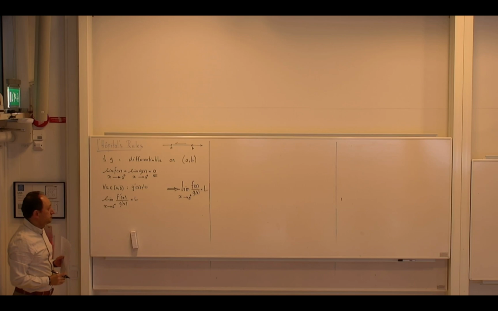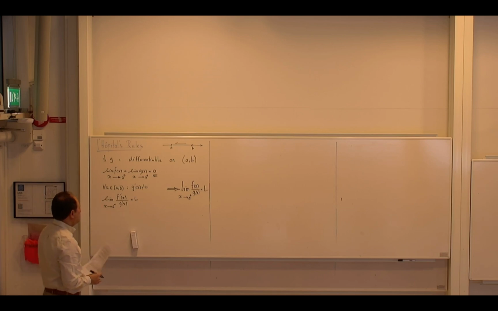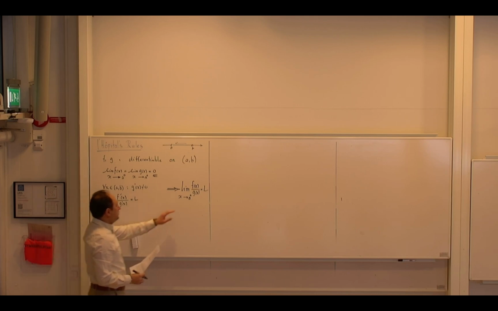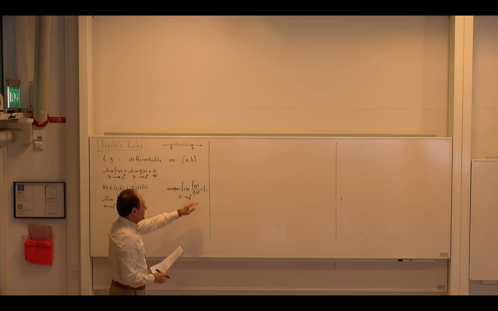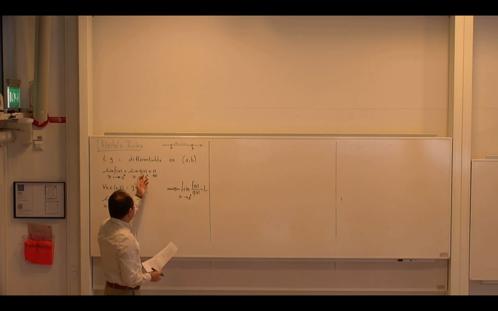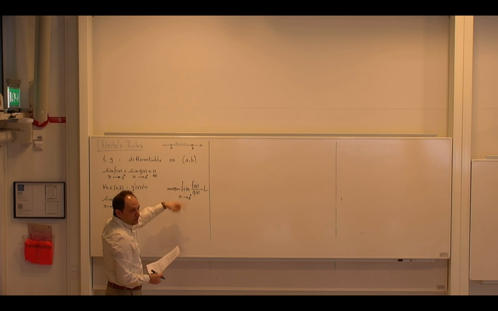Okay? So when you write it down, it looks a little bit complicated, but it is very simple. In principle, if you are supposed to calculate this limit, you don't know what the number is, but it is of the indeterminate form 0 over 0.